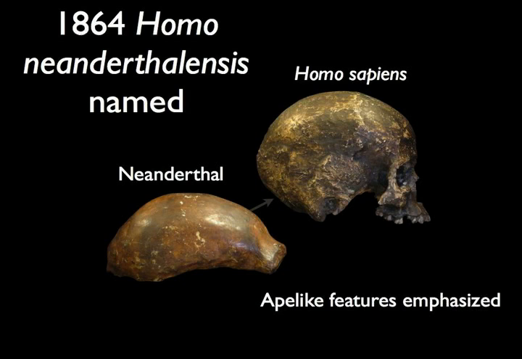This is another thing that is going to take a long time to work itself out of the literature for science to self-correct. Things took longer before. The internet really speeds things up, but this was a big issue. So Neanderthals are proposed to have a new species name, and they are also proposed to be the direct ancestors of humans, and their ape-like features are emphasized.